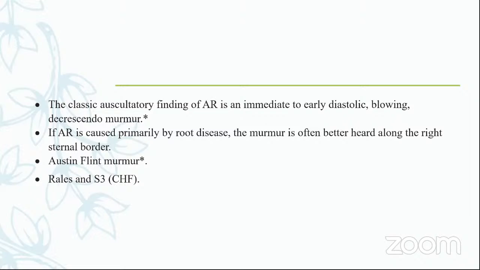So this can be mistaken as the patient having MS, and this is what is called the Austin Flint murmur. If the patient has congestive heart failure, we can auscultate rales and S3 sounds.